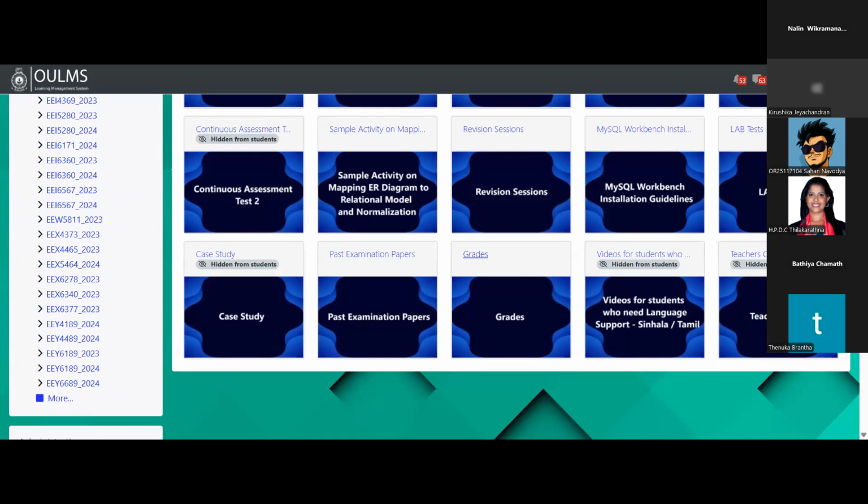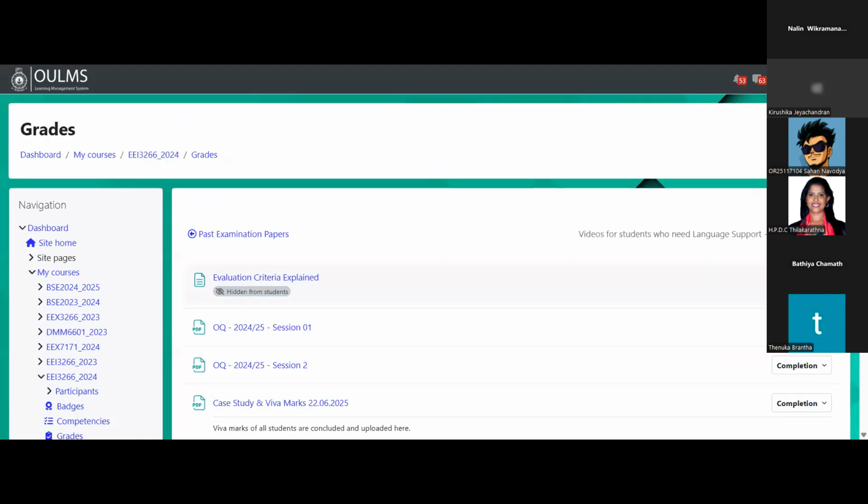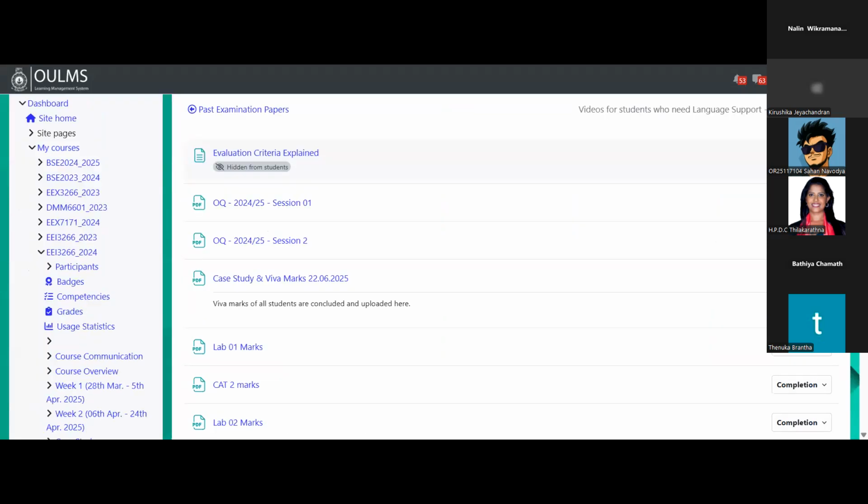And next is grades. You will be getting your marks for your performance in the assessments and lab test and everything in the grades topic. We will be displaying the list of marks obtained by the students in this grades topic.